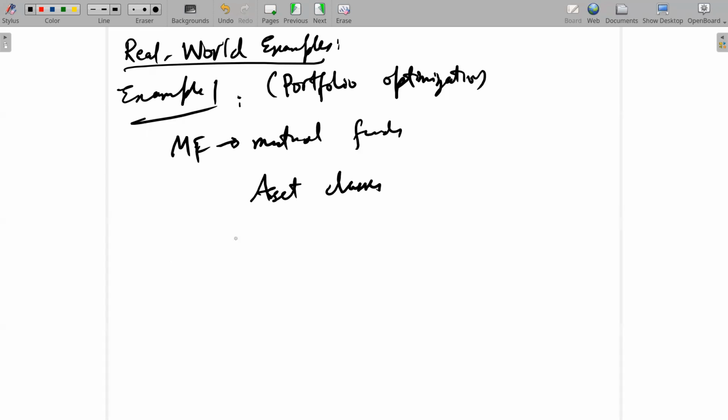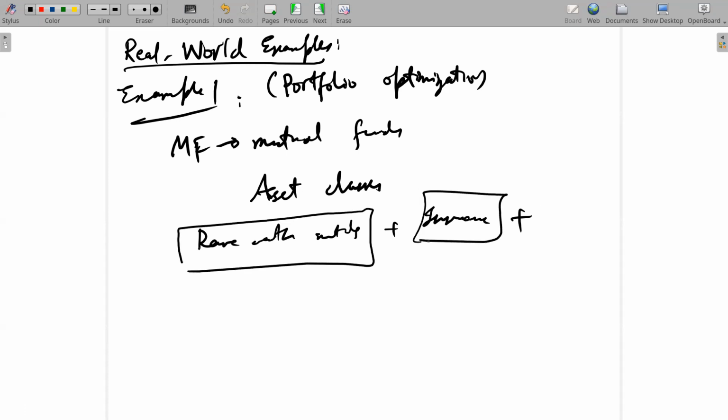Asset classes could be as specific as a single stock, like Google or Apple, or as general as rare earth metals, insurance, or soybean, like animal feed. So you have all these asset classes, and you have some traditional returns for them, based on historical data.